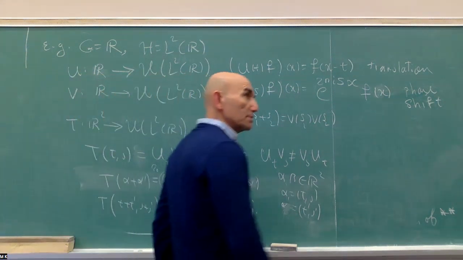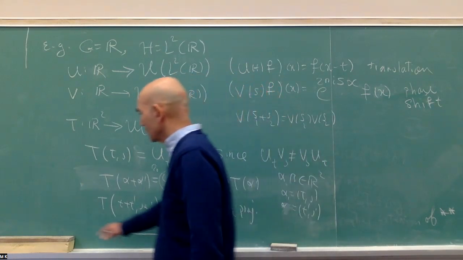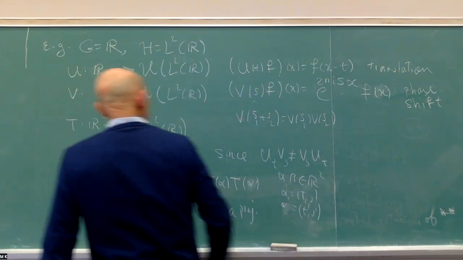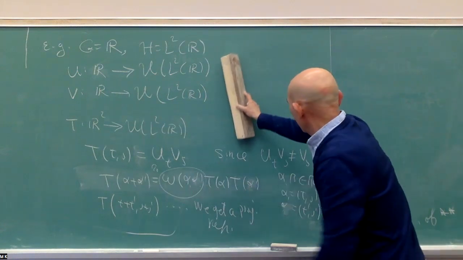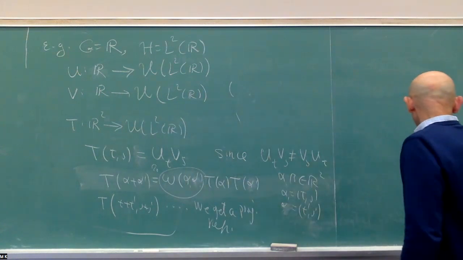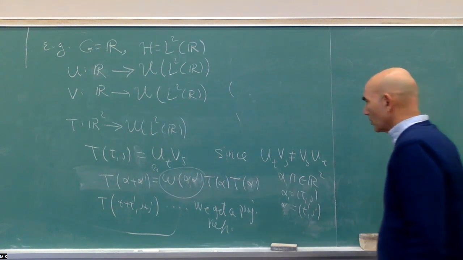So let me write it, now that we have come this far. Some calculation obviously has to be done in this case. I don't want to do it here because it just takes too long.